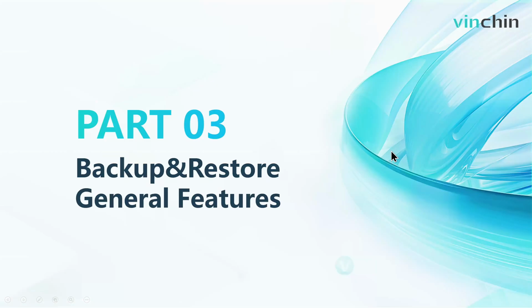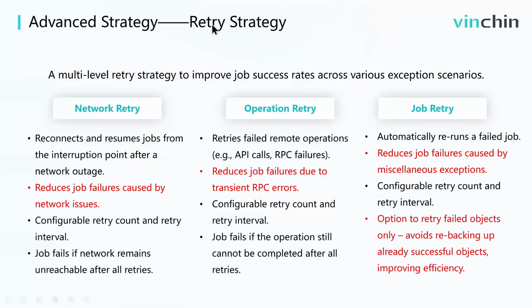And here are some general strategies. We already introduced this retry strategy: a multiple level retry strategy to improve job success rates across various exception scenarios. Here are the network retry, operation retry, and job retry. It is easy to understand.